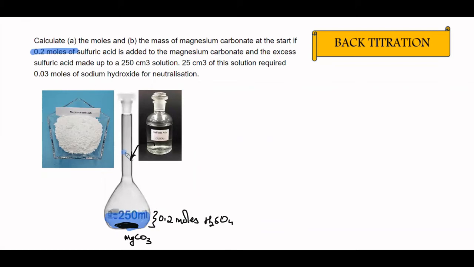We are adding more water into it and the solution is made up to 250 cm³. This is the condition now: there was 0.2 moles of sulfuric acid. Some amount of it has reacted with magnesium carbonate, and the leftover is now spread out in 250 cm³ of solution.